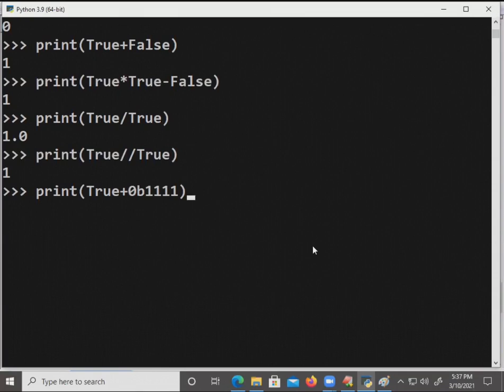Boys, error. 16. Error, 16. The online students are saying 16. Vinay Kumar, everybody is saying 16. So we will check it out. Okay, why did you feel error?